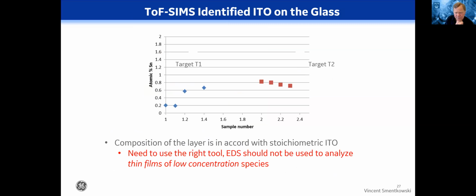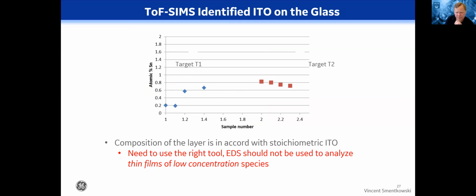They brought the samples to me, and by ToF-SIMS, I was able to show, yes, we do have indium, and what I'm showing here is the tin. Certain areas are more consistent. There's some variation. The composition that we were detecting is indicative of ITO contaminants.